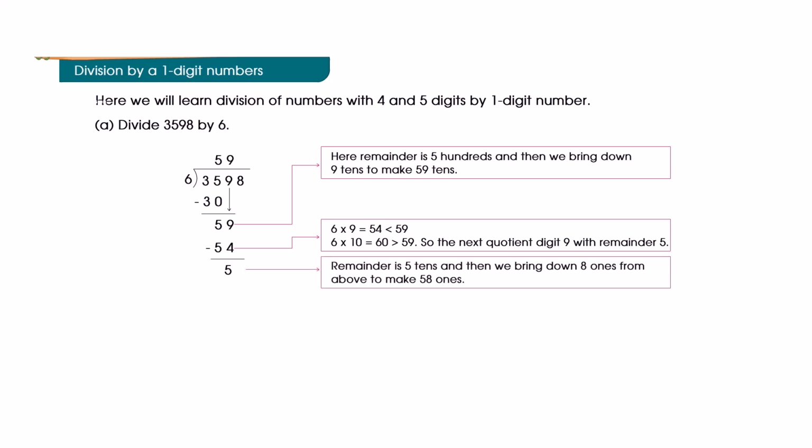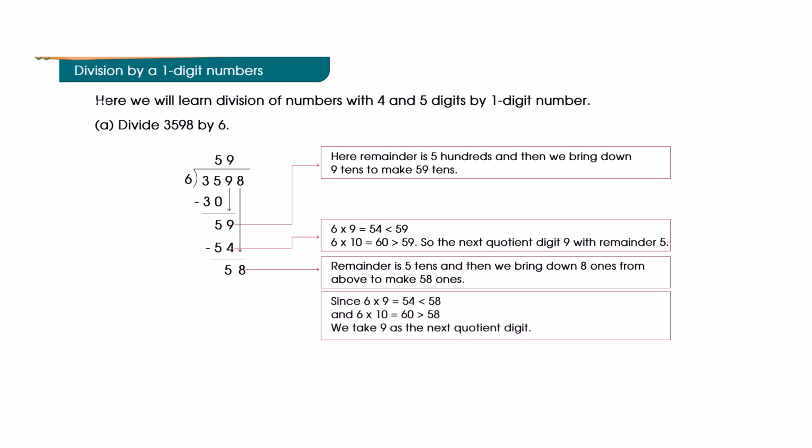The remainder is 5 tens and then we bring down 8 ones from above to make 58 ones. Since 6 into 9 is equal to 54, 54 is less than 58. And 6 into 10 is equal to 60, 60 is greater than 58.